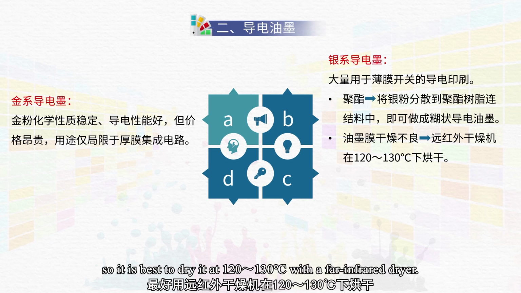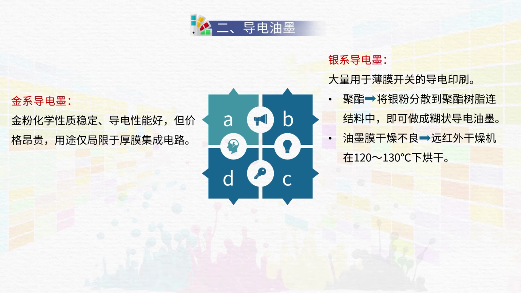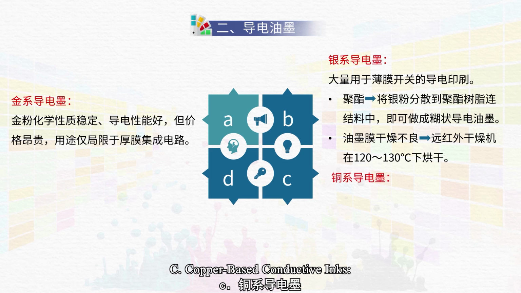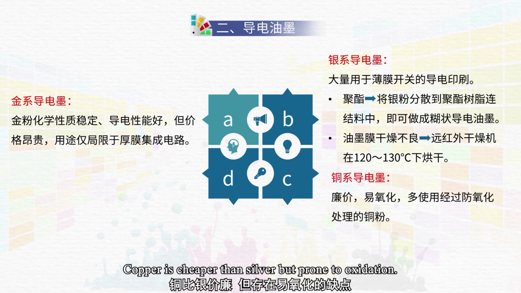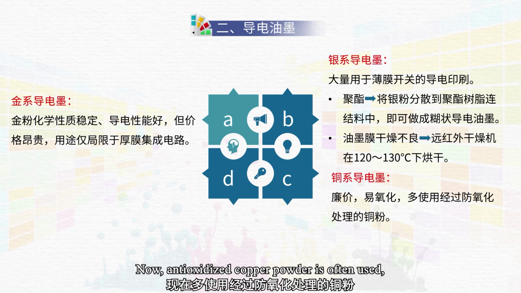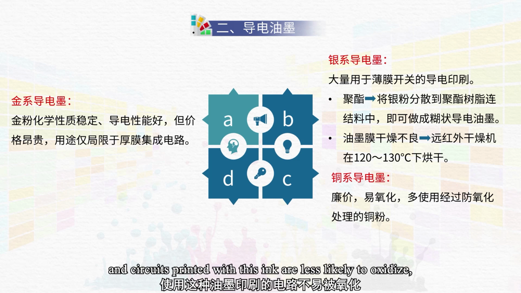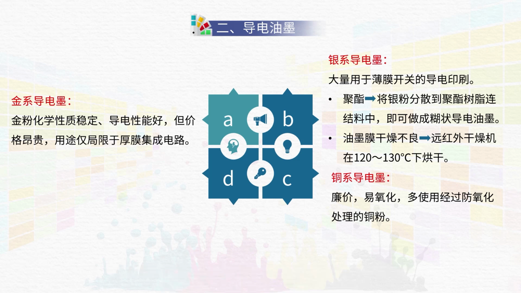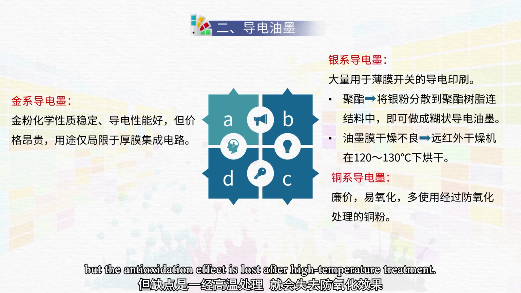So it is best to dry it at 120 to 130 Celsius degree with a far infrared dryer. C. Copper-based conductive inks. Copper is cheaper than silver, but prone to oxidation. Now, antioxidized copper powder is often used, and circuits printed with this ink are less likely to oxidize. But the antioxidation effect is lost after high-temperature treatment.